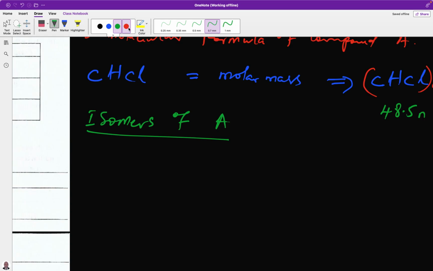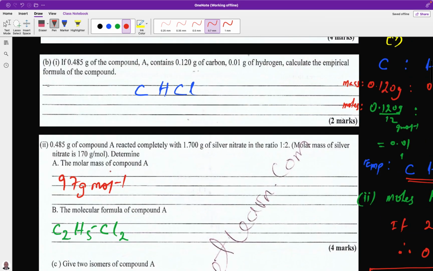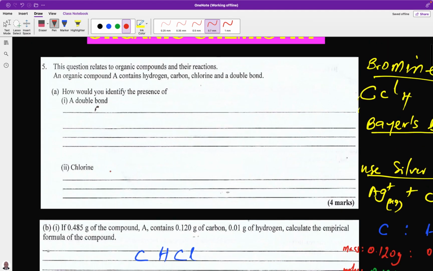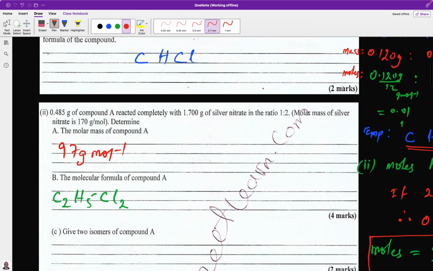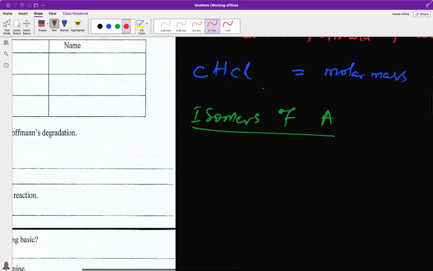Now, an alkene must have a double bond, and we are told the compound has a double bond. From the onset, they say carbon, hydrogen, carbon, chlorine, and a double bond. Since there are only two carbons, we have a carbon double bond carbon.